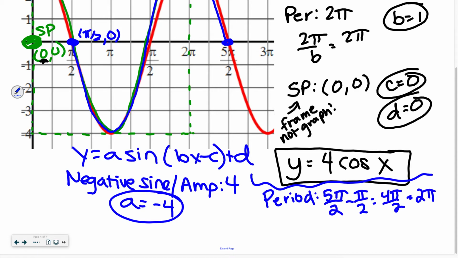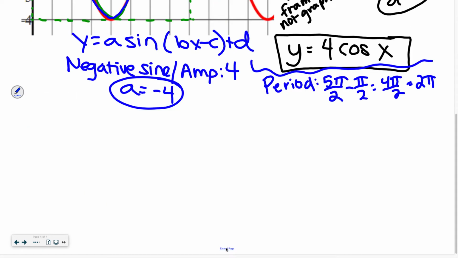And this makes sense that it would have the same period as the other one because it's symmetric all the way through. So if you have a different starting point, you can still find that period, which still leads us to believe that b is 1, right? 2 pi over b is equal to 2 pi, therefore b is 1. So a changed, but b stays the same so that I have the same period.